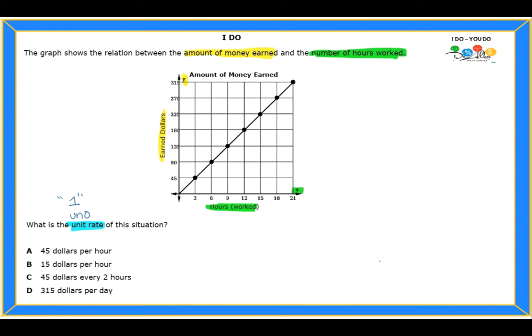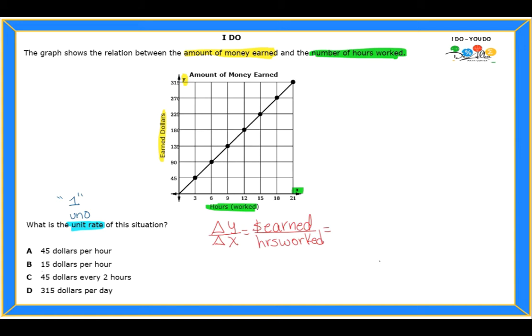So basically, we are comparing, and I can write it down somewhere over here, the change of the y over the change of the x, where y is the money that he earned for working so many hours, and x is the hours that this person already worked.